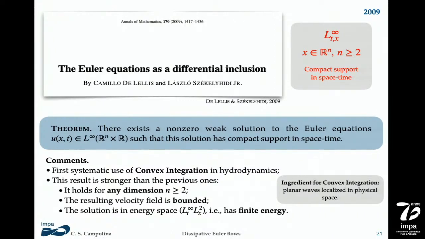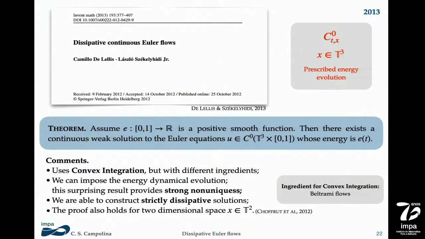And for this paper, they use planar waves localized in physical space. And this ingredient changes along the papers, and this is why they improve the regularity of the solutions. Okay. So the next paper is 2013, by the same authors, Camillo De Lellis and László Székelyhidi. And now we are working with more regular solutions. They are continuous, both in time and space.